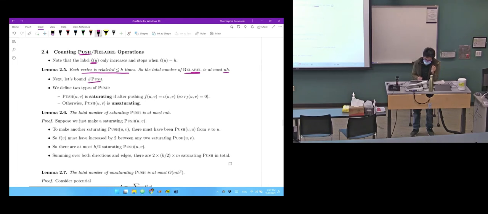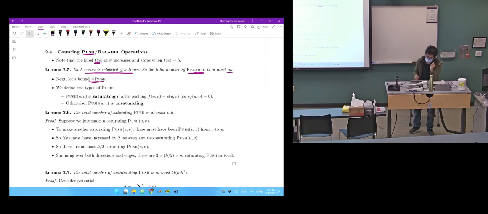Next, let's count the number of pushes. To do that, we will look at two types of push. I will say that a push is saturating if after pushing you saturate the edge. Otherwise, it's non-saturating. The saturating push is easier to bound.